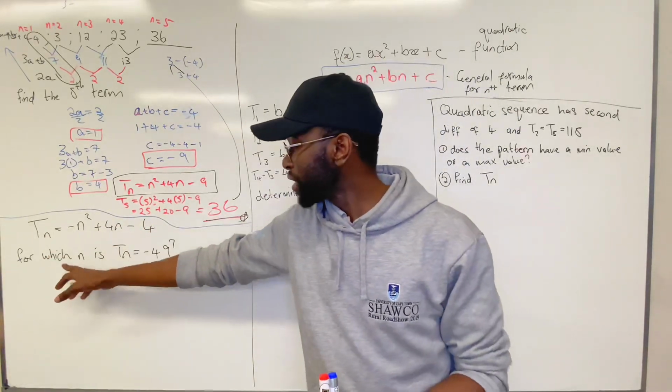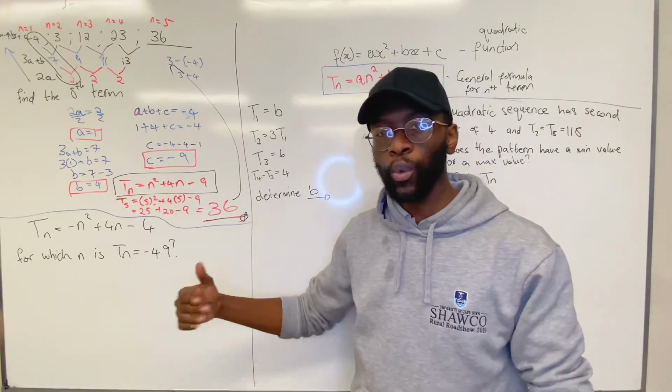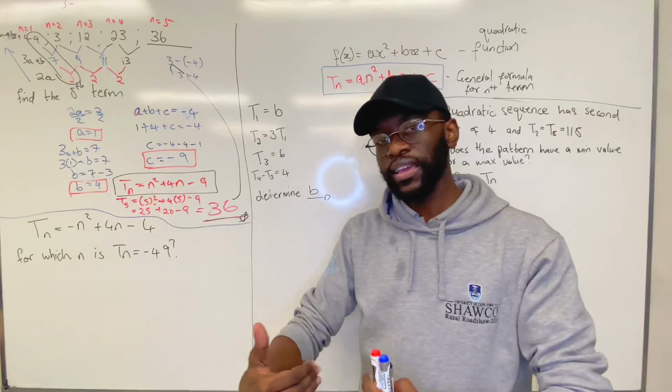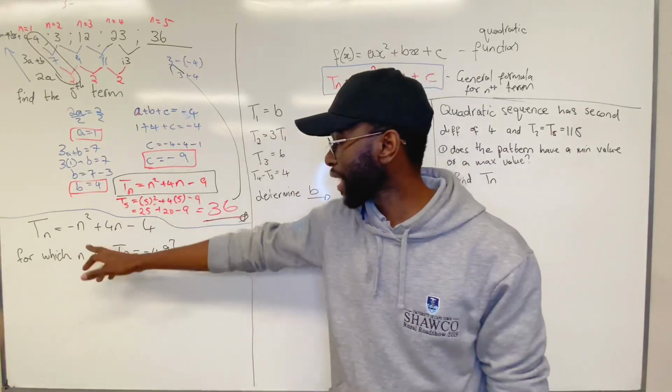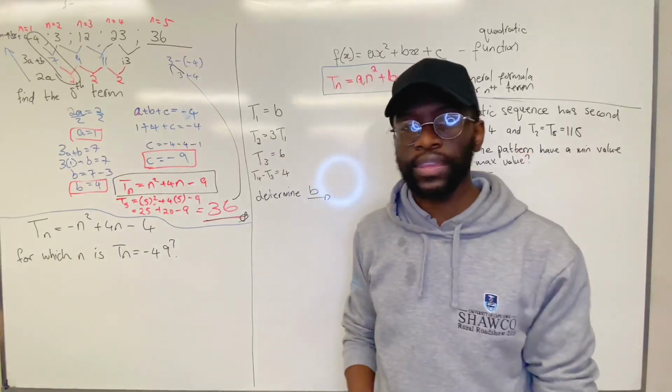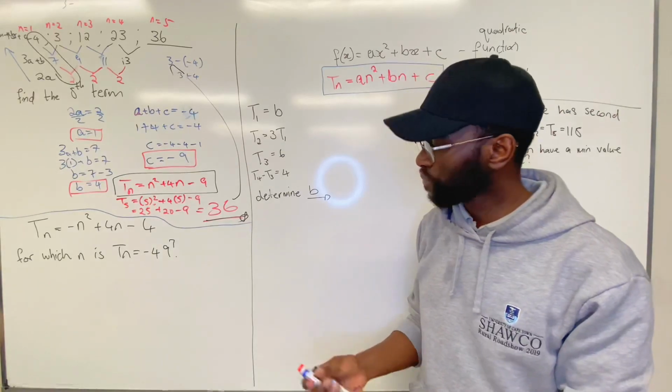So if they ask for which n is Tn equal to minus 49, they're asking you which position is it in your sequence? Which means that we're going to take the general formula and try to calculate the n. Now, let's do it quickly.